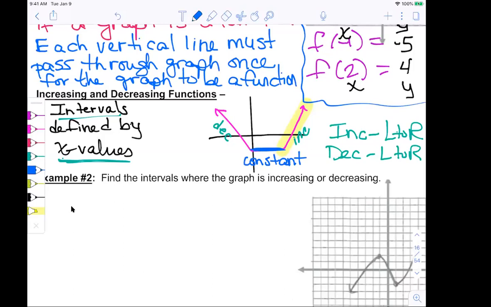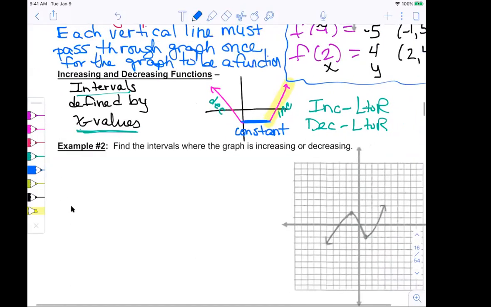So if you look at the graph below, we're going to see if we can find the intervals where the graph is increasing from left to right or decreasing from left to right. Now remember, you start on the left like you read a book, and you move to the right. And we're going to describe that interval using interval notation and using the x values, that horizontal distance where the graph is increasing from the left to the right.